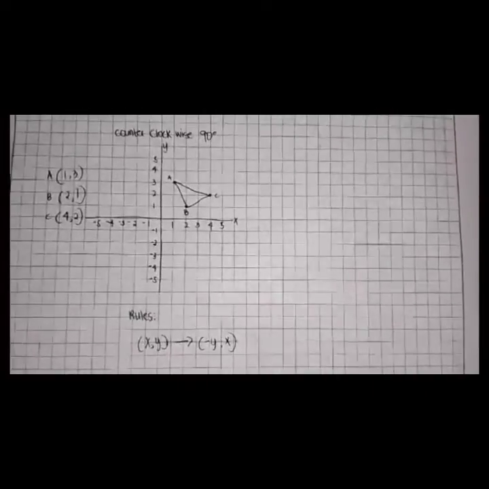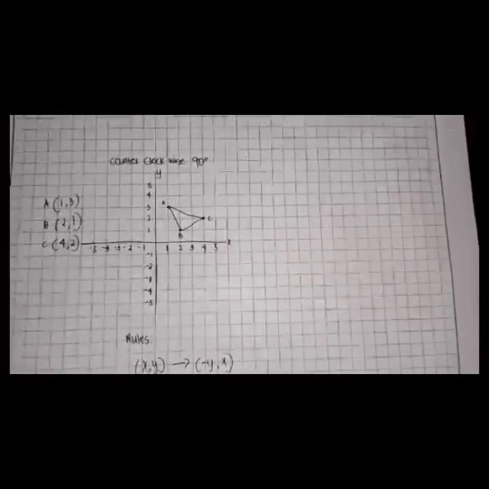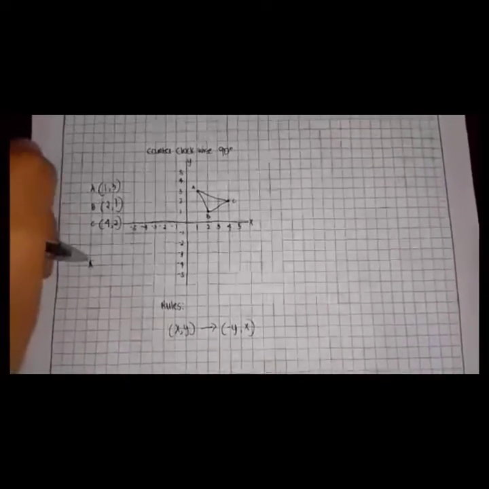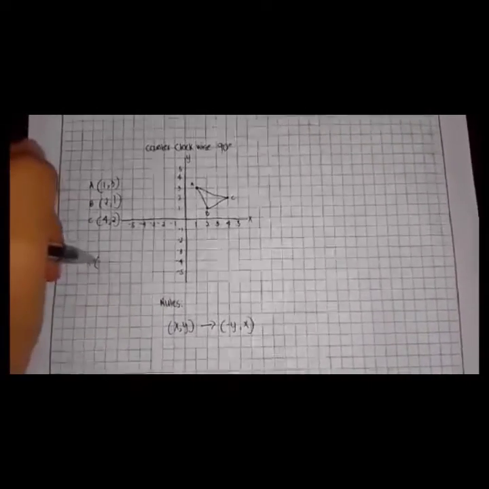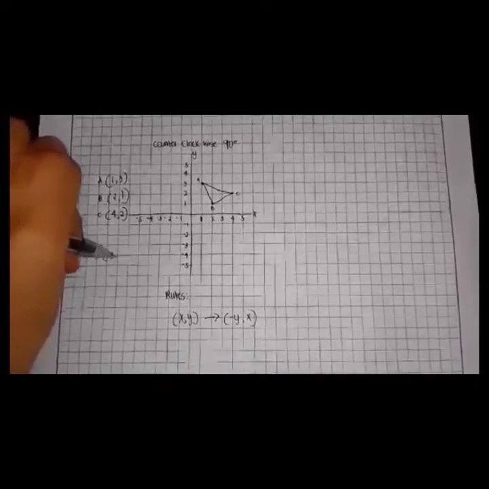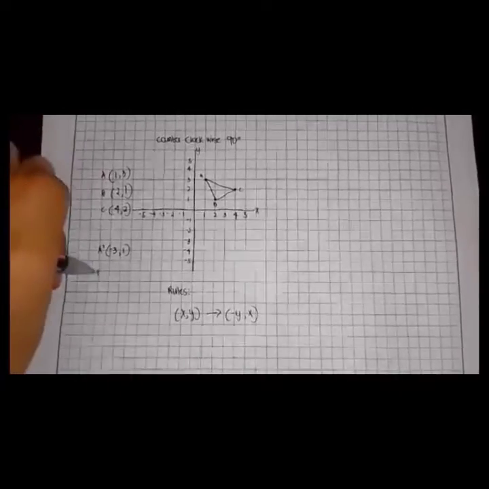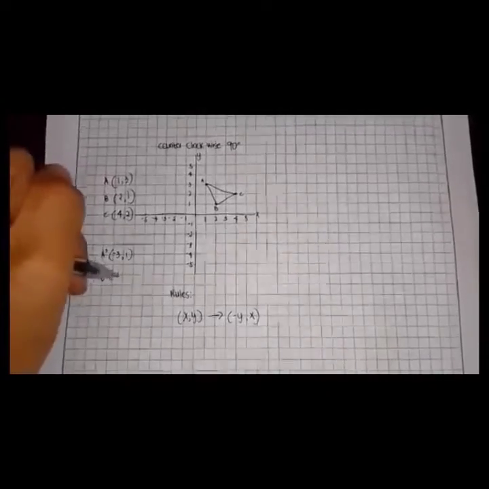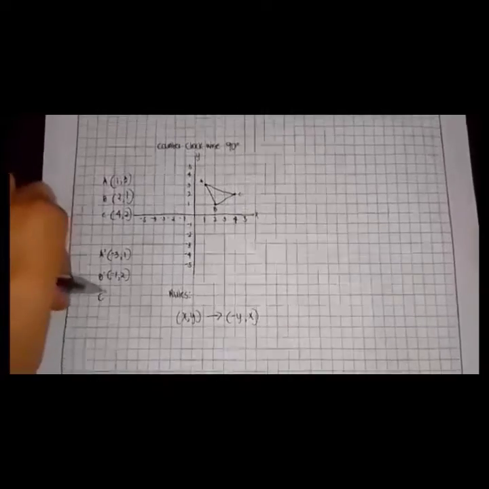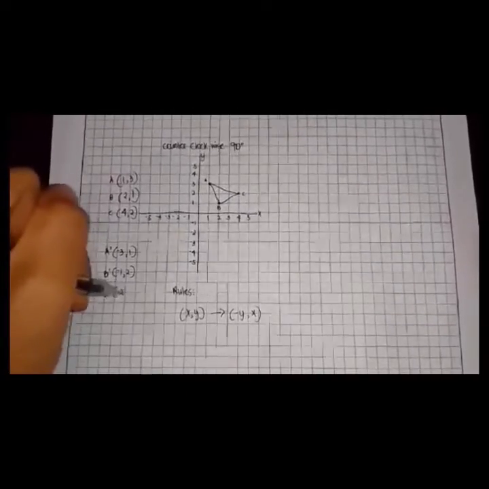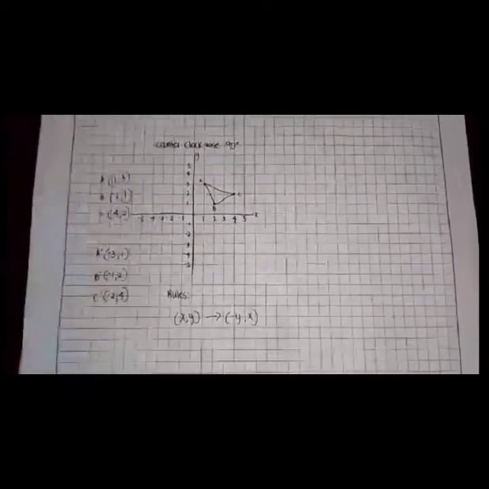The rule for counterclockwise is that (x, y) becomes (negative y, x). So A prime will become negative 3, 1. B prime, negative 1, 2. C prime, negative 2, 4.